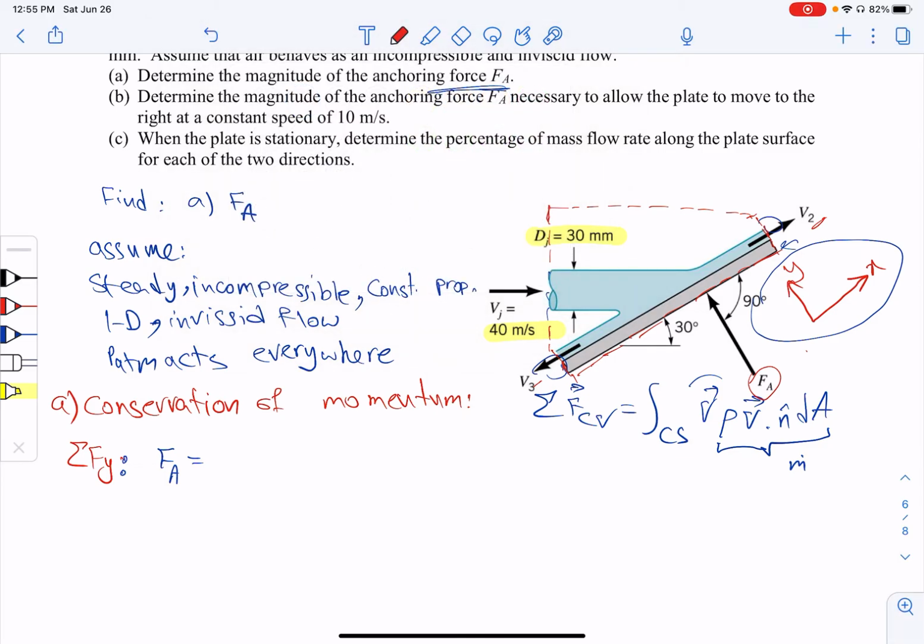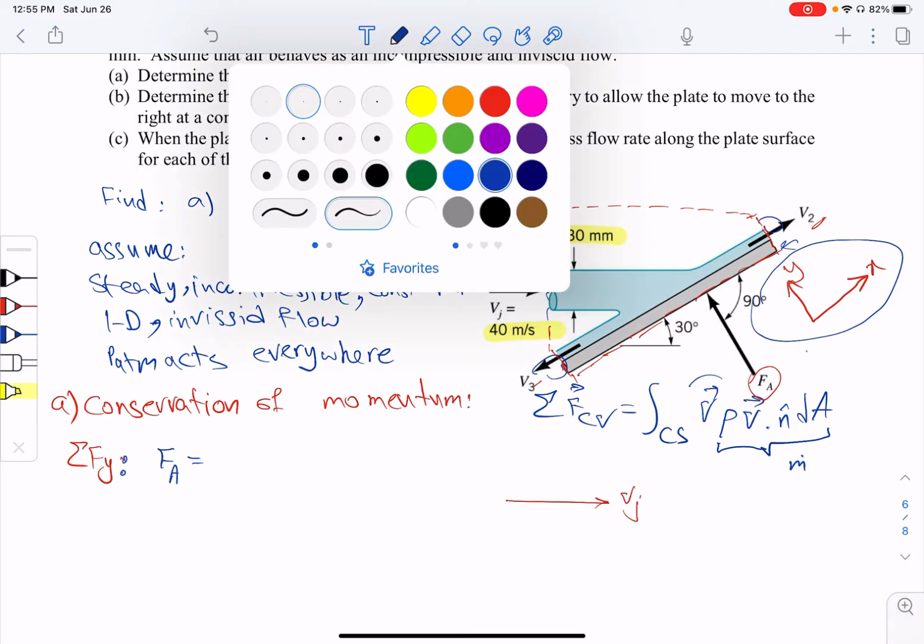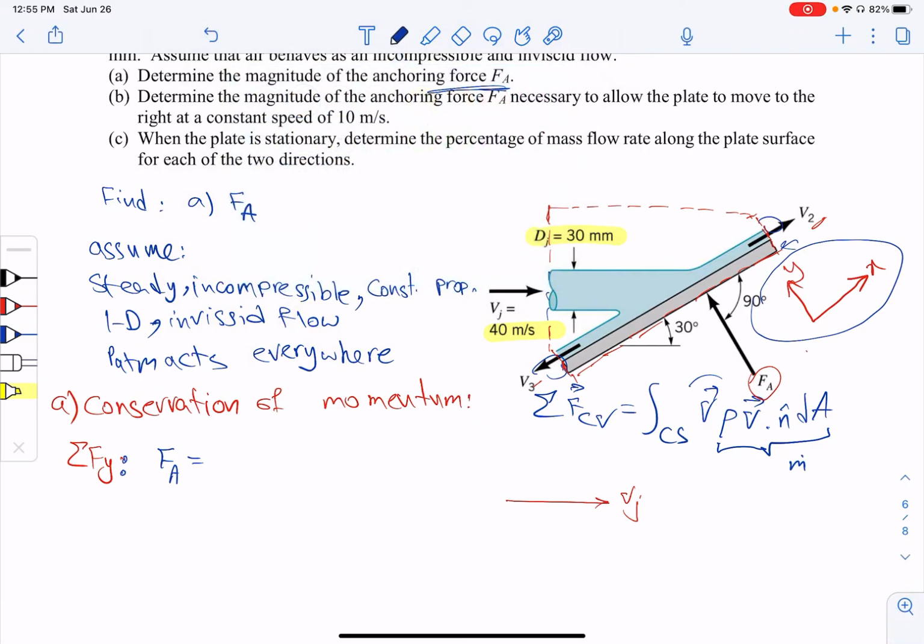So I have Vj here, and then so now if I want to draw the component on y and x direction, right?